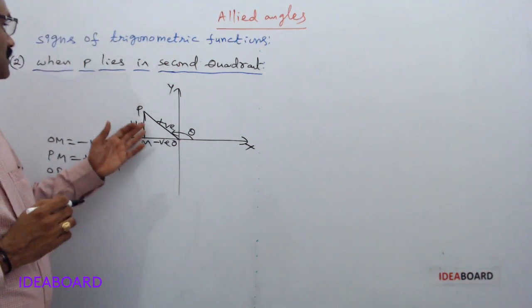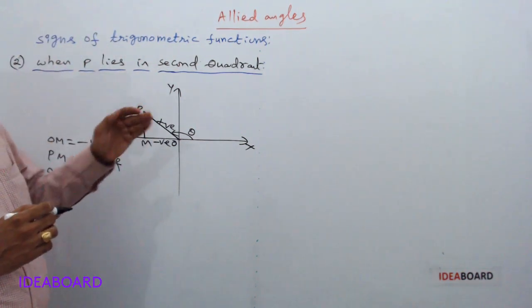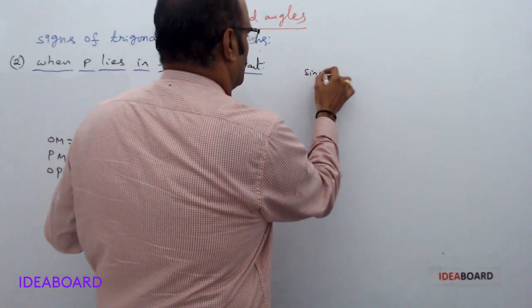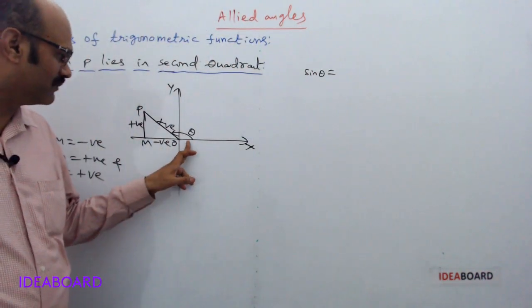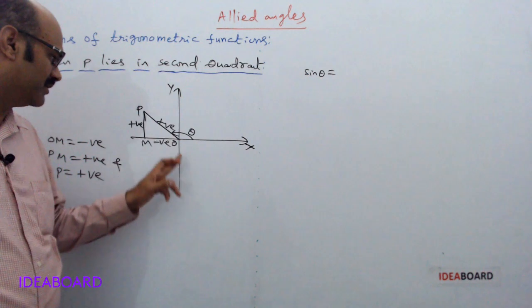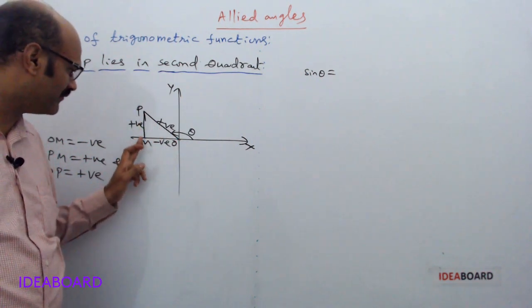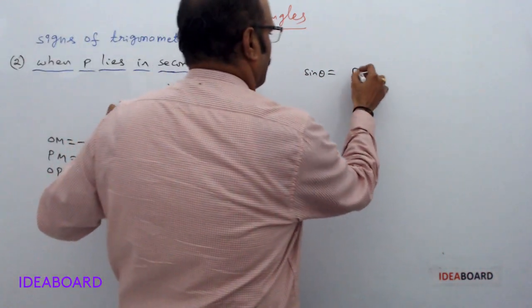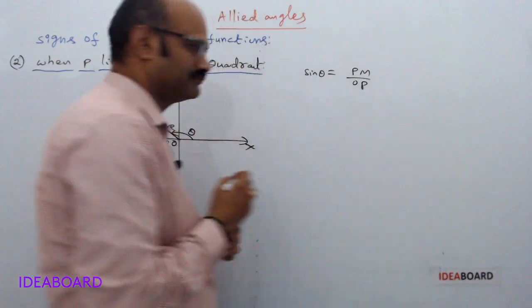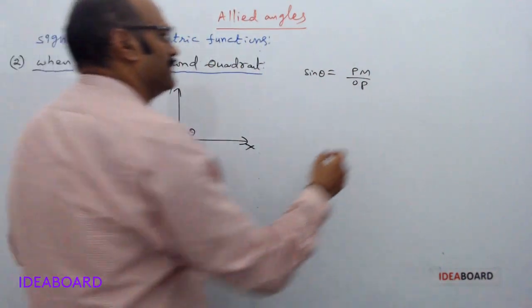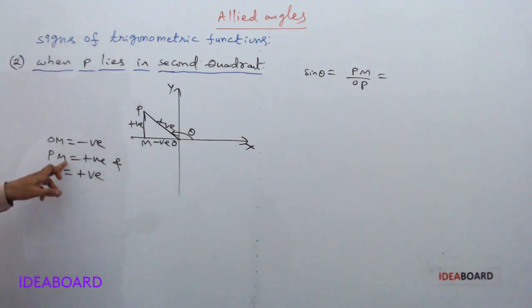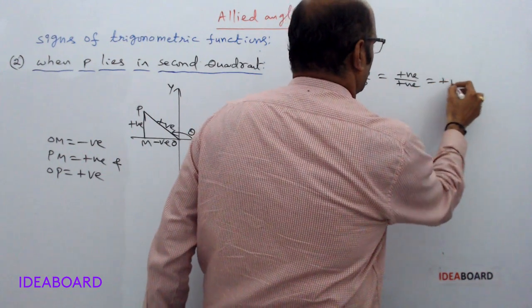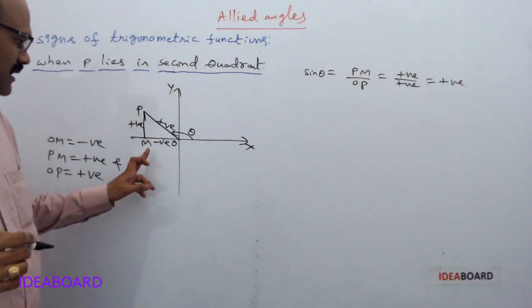Here we have to write all the six trigonometric functions. Sin theta equals opposite side by hypotenuse. The opposite side is the one along the y-axis, so PM by OP. PM is positive, so positive by positive equals positive.